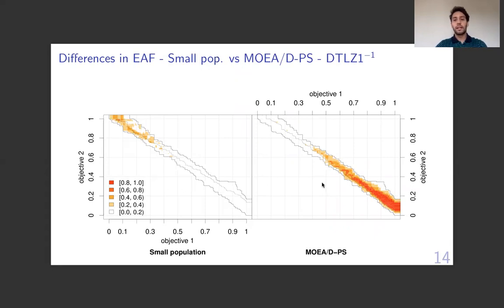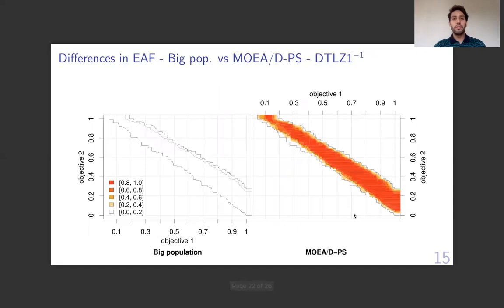On the right side, we can see that MOEAD PS outperforms MOEAD with a small population in this region of the objective space, much closer to objective 2, in at least 80% of the runs. We can see that the performance of these two algorithms is complementary, as MOEAD with a small population is better for objective 1, and MOEAD PS is better for objective 2.